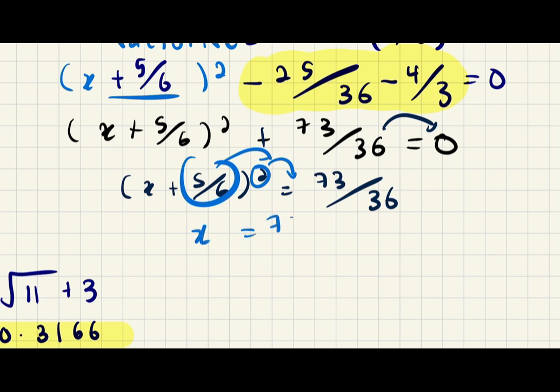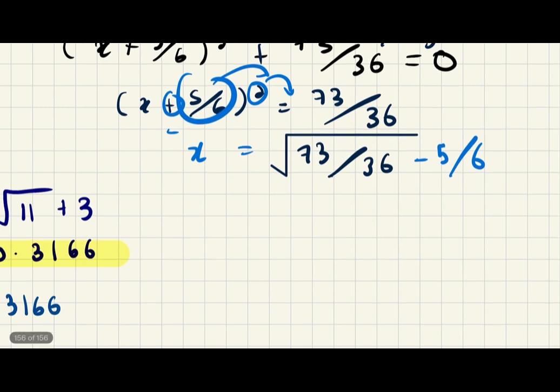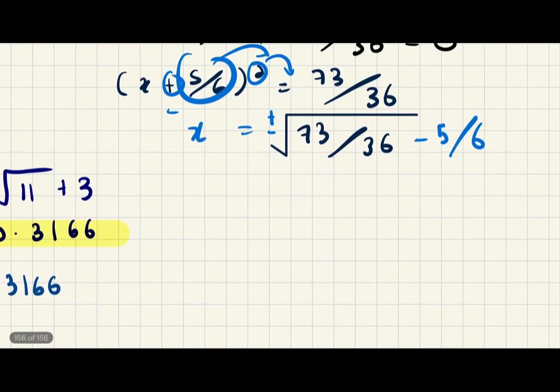Equals to square root, sorry, of 73 over 36, and this becomes minus, so minus 5 over 6. Okay, now what you're going to do here, this becomes plus minus, don't forget.